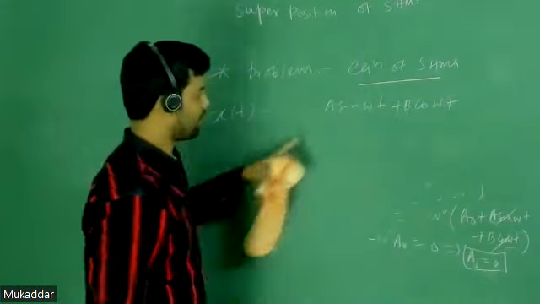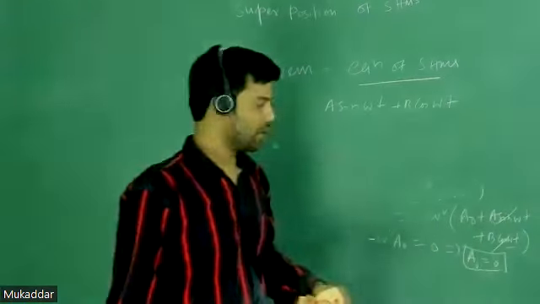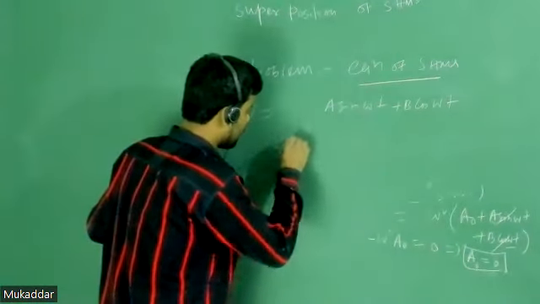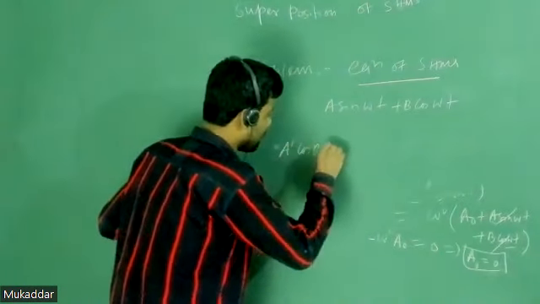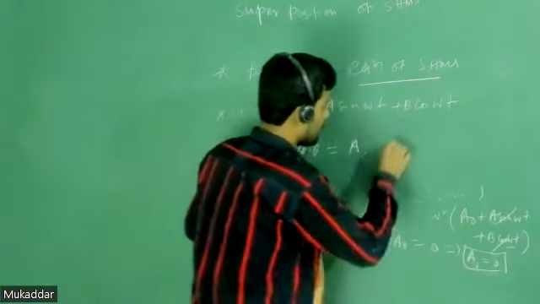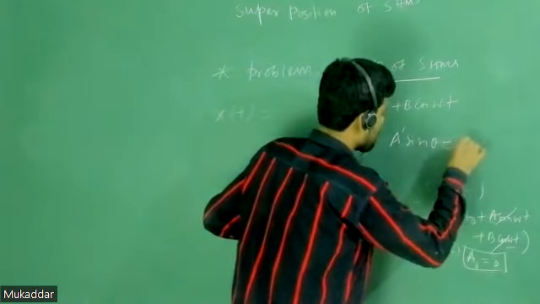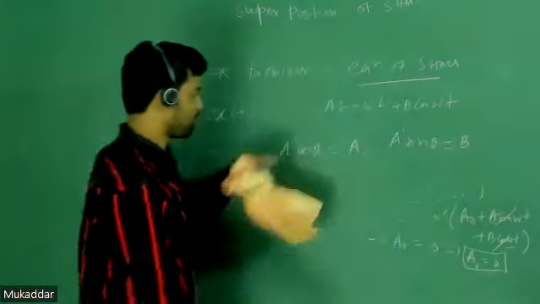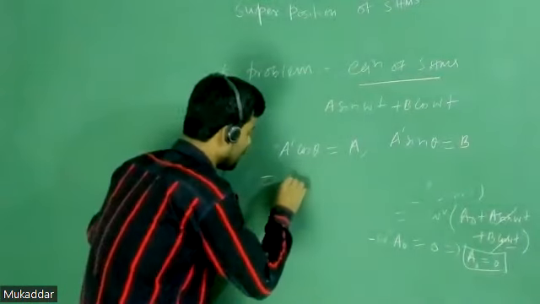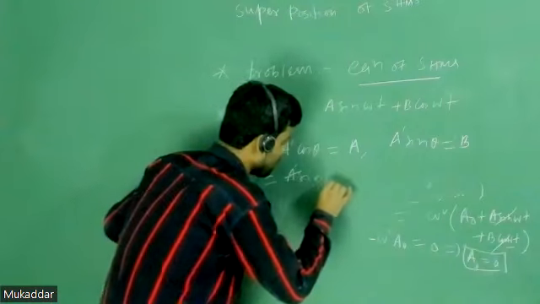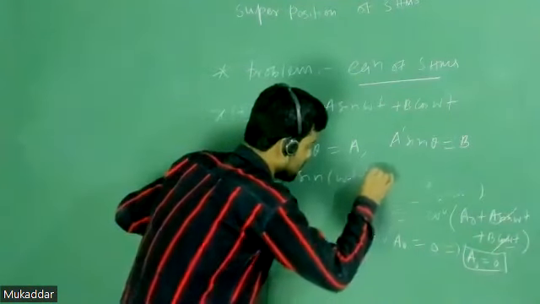Now tell me, how much will it be? A sin of omega t plus B cosine of omega t. Can you tell me now? Again you can think of A prime cosine of theta equal to A, and A prime sin theta will be equal to B. You can substitute it here, then we obtain A prime sin of omega t plus theta.